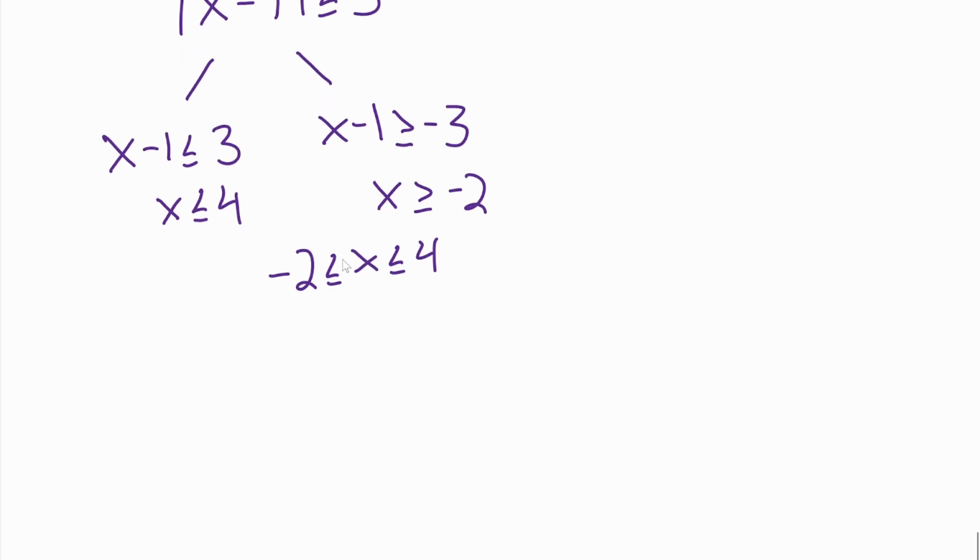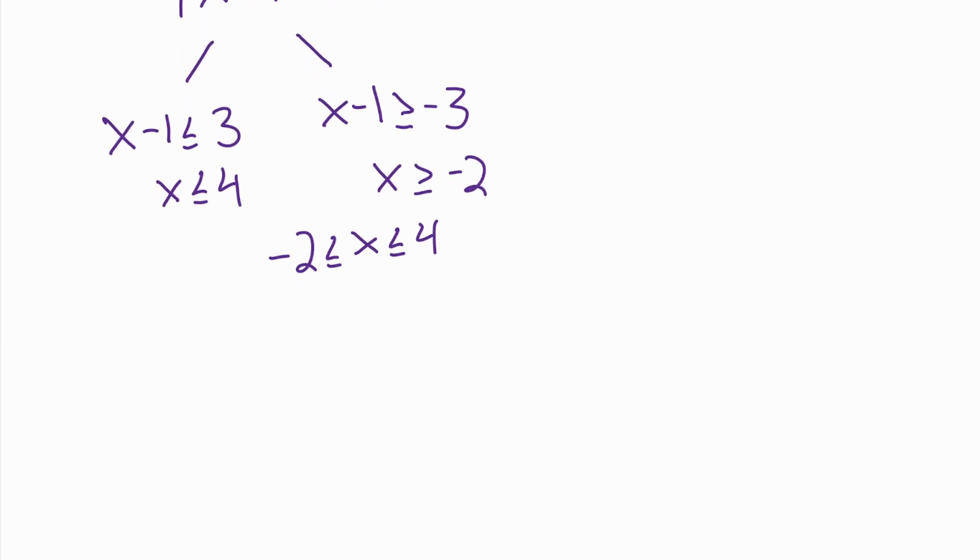All right, now let's do negative 2 times the absolute value of k minus 4 is less than or equal to negative 6. Okay. So here whenever we don't have the absolute value completely by itself, we want to get rid of everything else to make sure it is by itself.